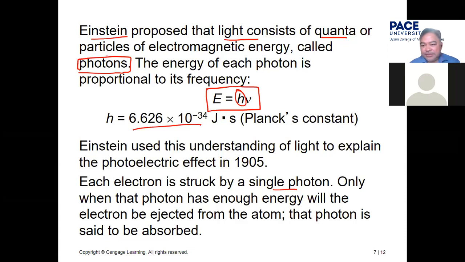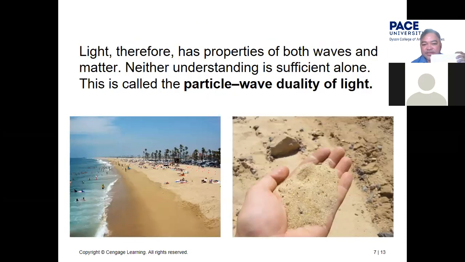So what does it mean? It means that there's a dual nature of light. It can behave both as a wave and a particle or matter. Neither understanding is sufficient alone. So what everyday example can we compare to this dual nature of light?